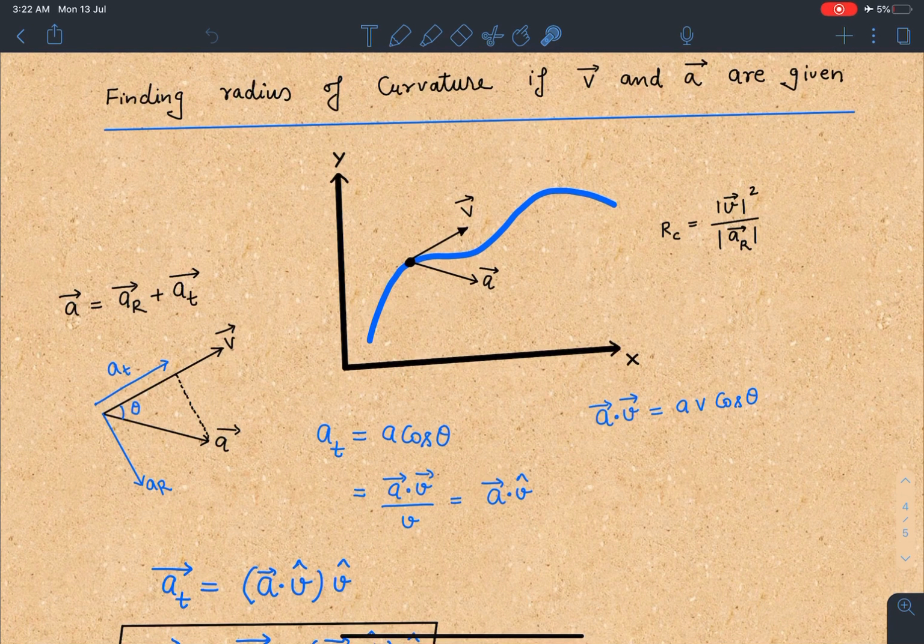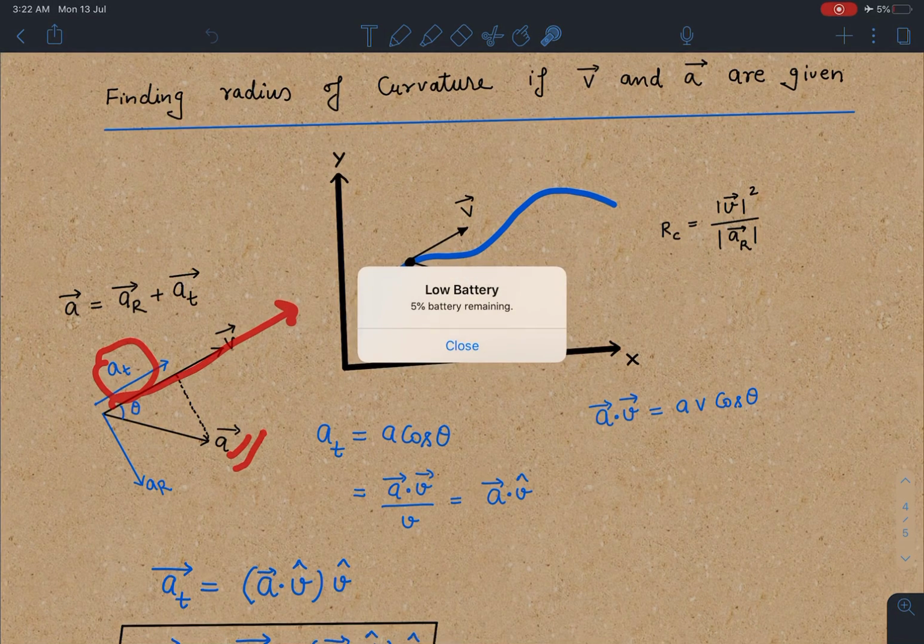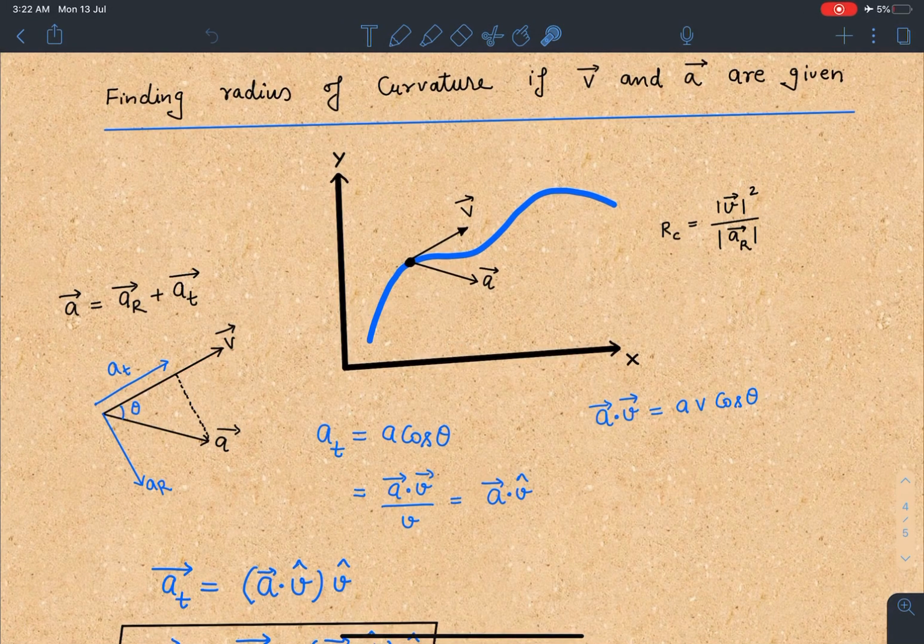So in this case, now total acceleration I can write as the radial acceleration, which is going to be perpendicular to velocity, and tangential acceleration, which is going to be parallel to velocity. Okay, so this AT is the component of acceleration in the direction of v cap.